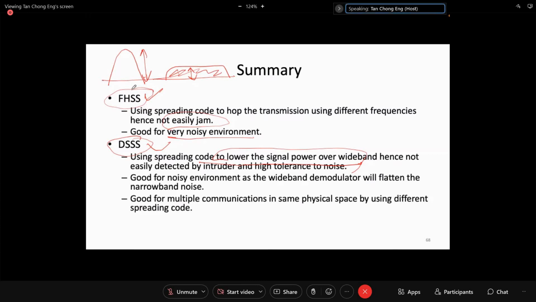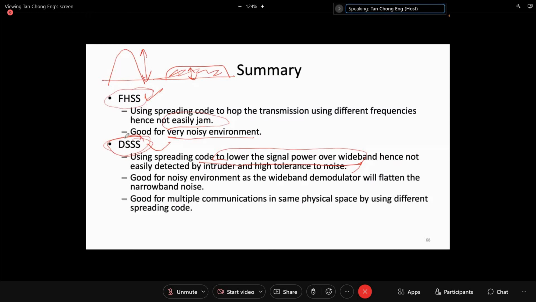All the Wi-Fi products, all the wireless network products being sold in the market, I would say 99%, are based on direct sequence spread spectrum. Which one has higher performance? Of course, the direct sequence one will have higher performance compared to frequency hopping.